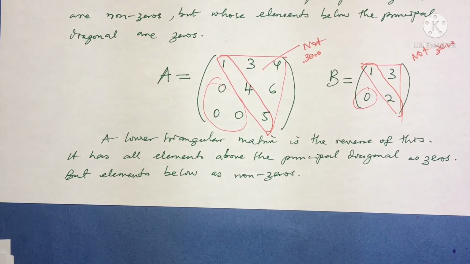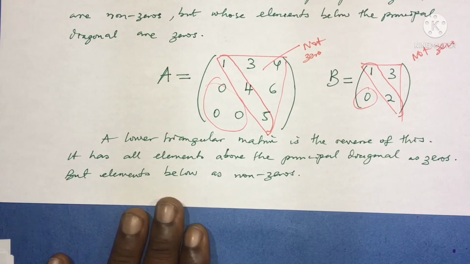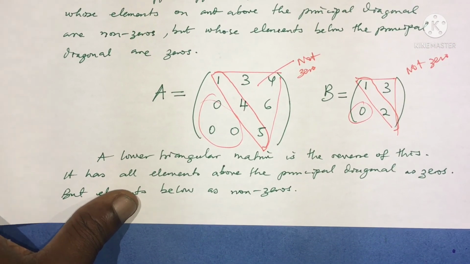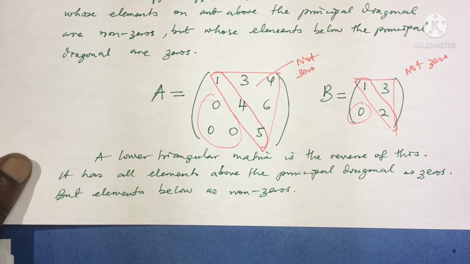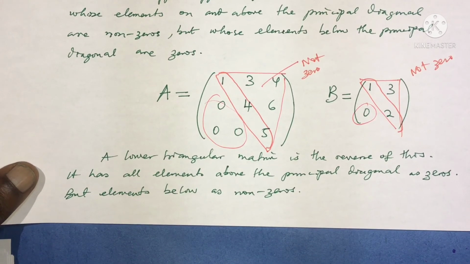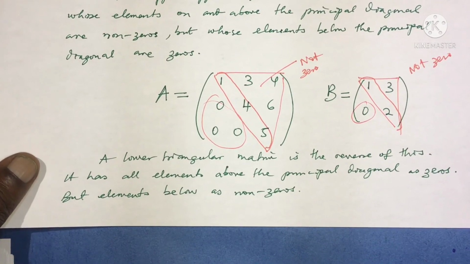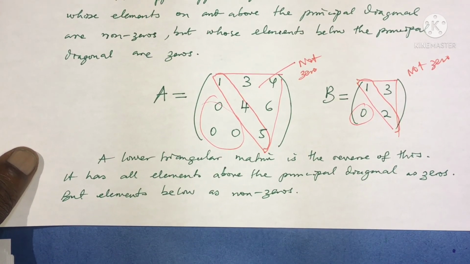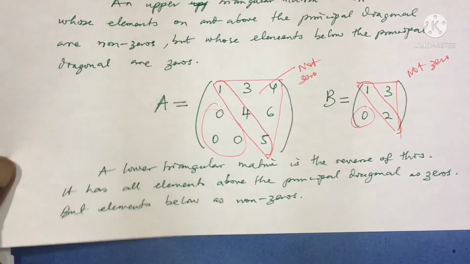So an upper triangular matrix has elements above the principal diagonal and even on the principal diagonal as non-zeros, but those below are zeros. A lower triangular matrix has elements above the principal diagonal as zeros, but those below and on the principal diagonal are not zeros.